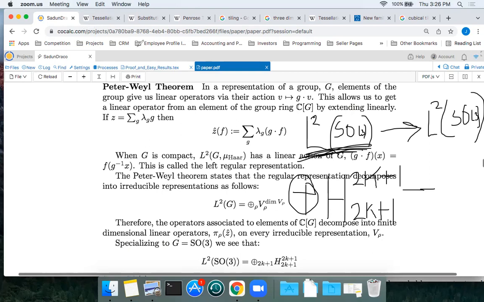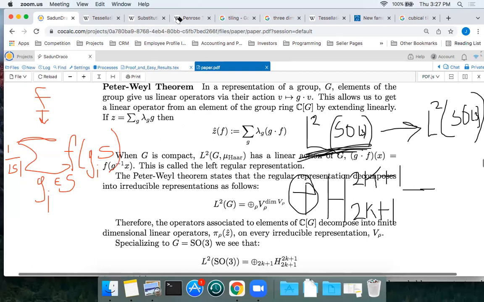So by the end of this discussion, you now know this. We started with this operator, f goes to 1 over the size of the generating set S, sum over g_i in that generating set, and then you ended up with this f of g_i inverse. Oh, forget about the inverse. It doesn't matter.